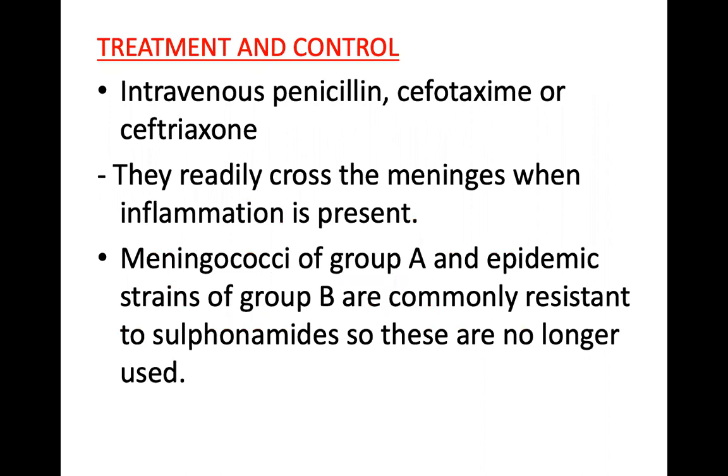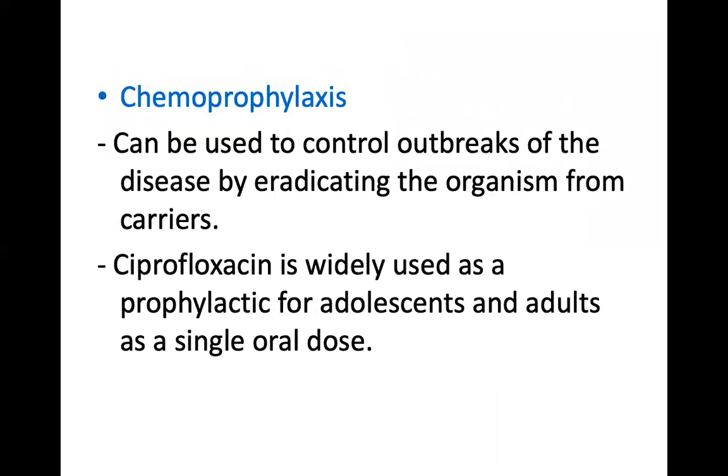For treatment and control, intravenous penicillin, cefotaxime, or ceftriaxone. It's good to use agents that readily cross the meninges when inflammation is present. Meningococci of group A and epidemic strains of group B are commonly resistant to sulfonamide, so these are no longer used. Chemoprophylaxis can be used to control outbreaks of the disease by eradicating the organism from carriers.